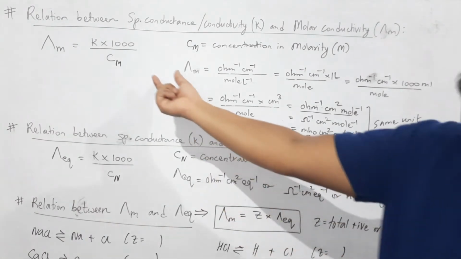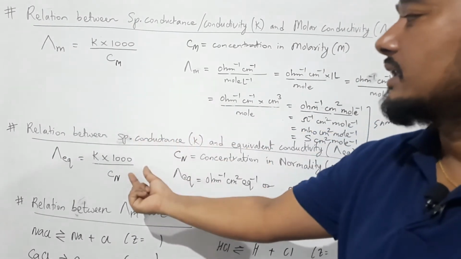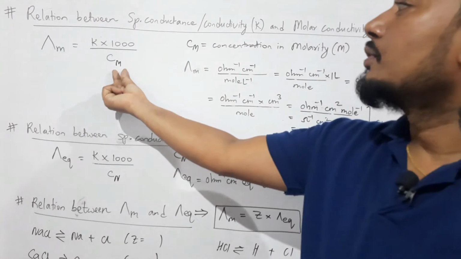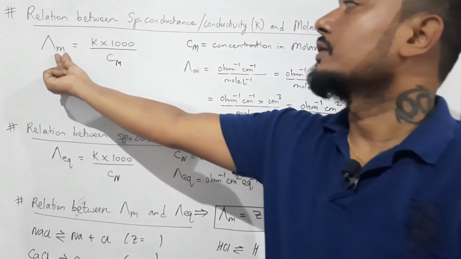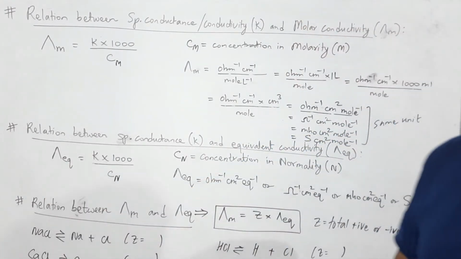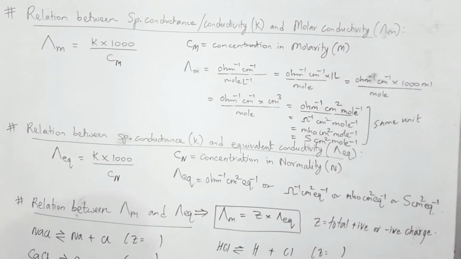So this becomes the formula for specific conductance and molar conductance, and this becomes the formula for specific conductance and equivalent conductance. Do remember they are soulmates: molarity with molecular weight, normality with equivalent weight. They are made for each other, just like when you say Romeo, we say Juliet, isn't it?